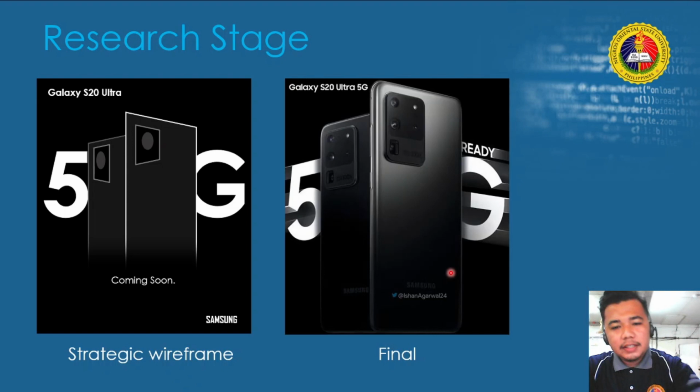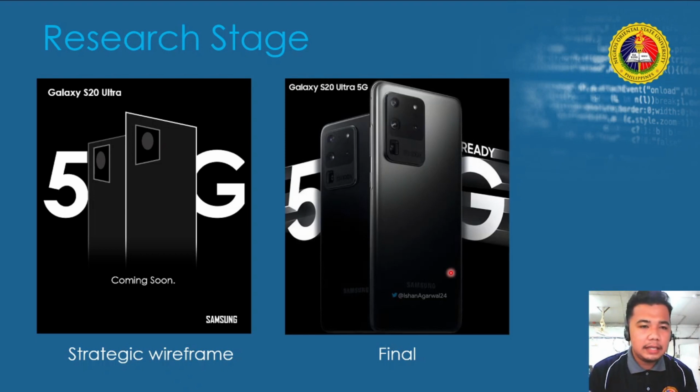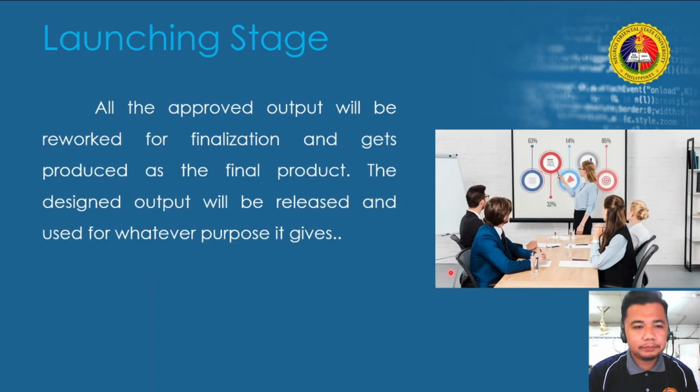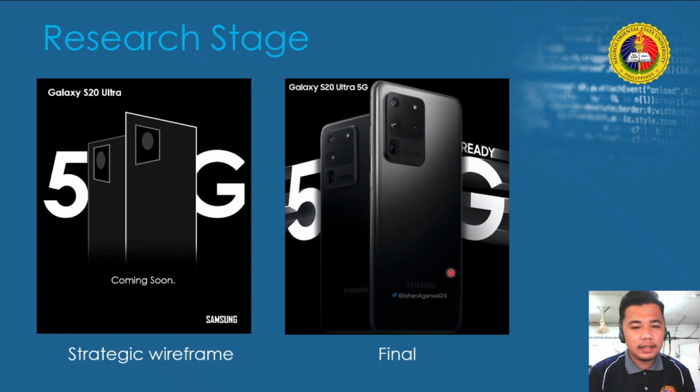Okay. So in the development stage, it doesn't mean that it's going to be final. Once you've already designed a graphic design, the next stage is to launch. Or basically, before everything else, you have to present it to your client, and if they decide to go through with it, then it is fine, right?